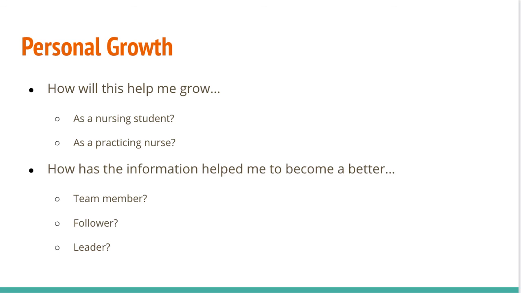This information has helped me to become a better team member, as I now understand deeper aspects of myself that have really solidified my role in the group dynamic and what strengths and differences that I bring to the table. And as a follower and an INFP mediator, I am always looking for the good in people and the situation, and have become a better follower as I now believe that I emphasize the strength of my peers and trust their talents and skills.